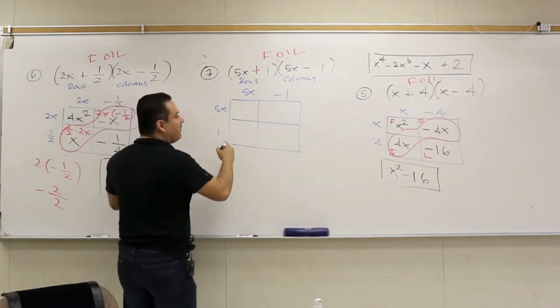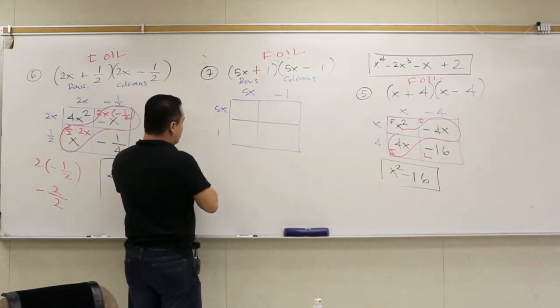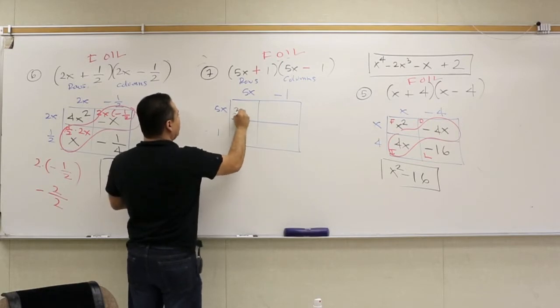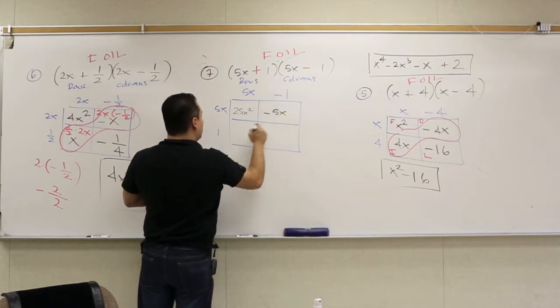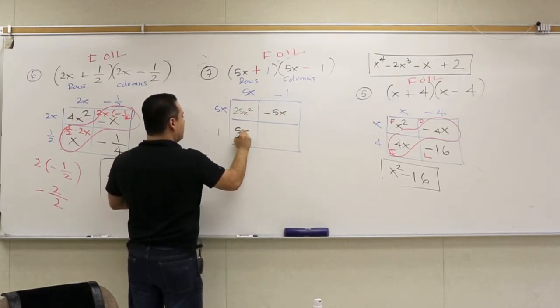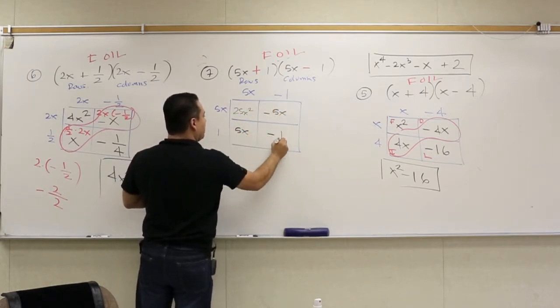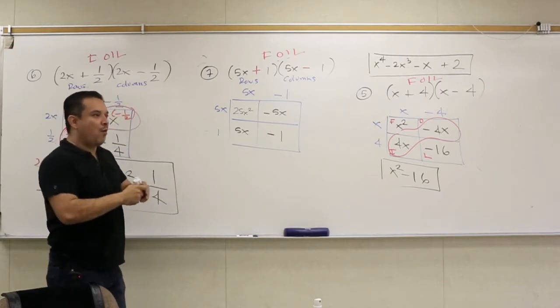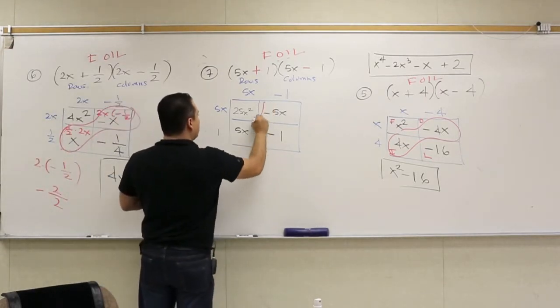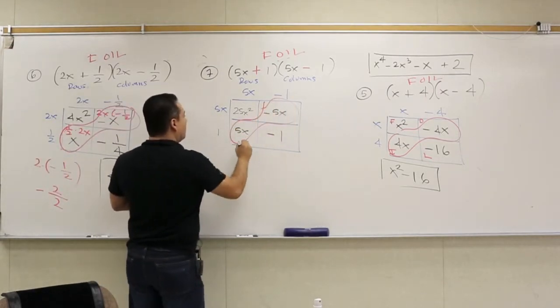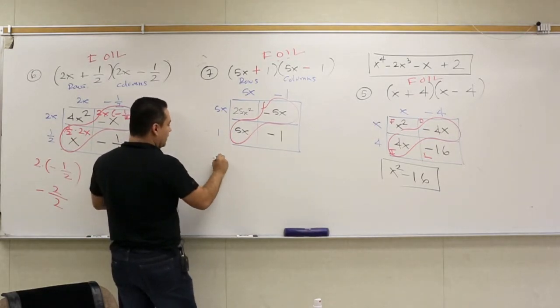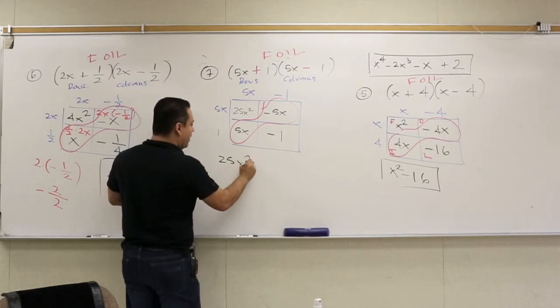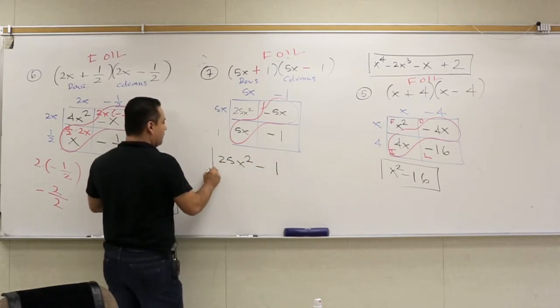What's 5x times 5x? 25x squared. What's 5x times negative 1? What's 5x times 1? What's 1 times negative 1? Are my O and I terms going away? So what's the final answer? 25x squared minus 1.